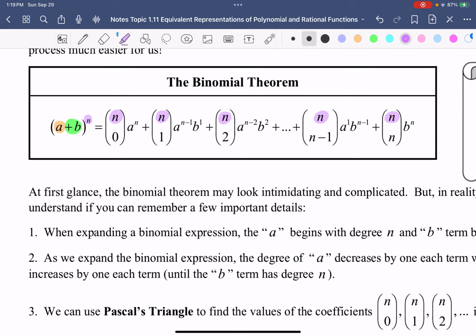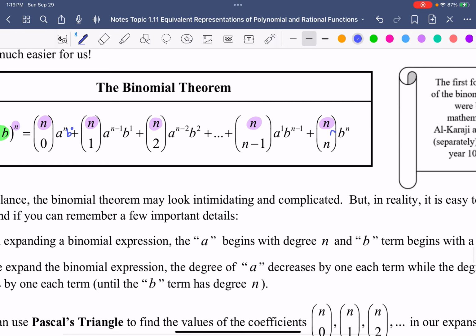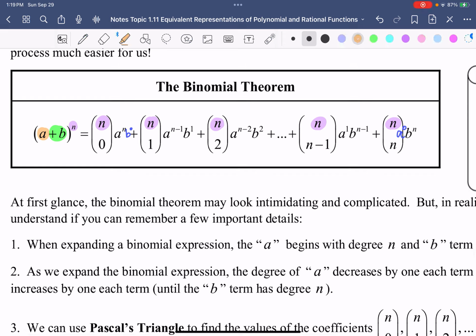Okay, and then you're going to multiply all of that by a and b. Now, we do have a term missing here that I want you to add right here. I want you to do b to the power of 0. And then on this side, I want you to add a to the power of 0. Okay, so then what happens is that after the coefficient, you're always going to have a times b.